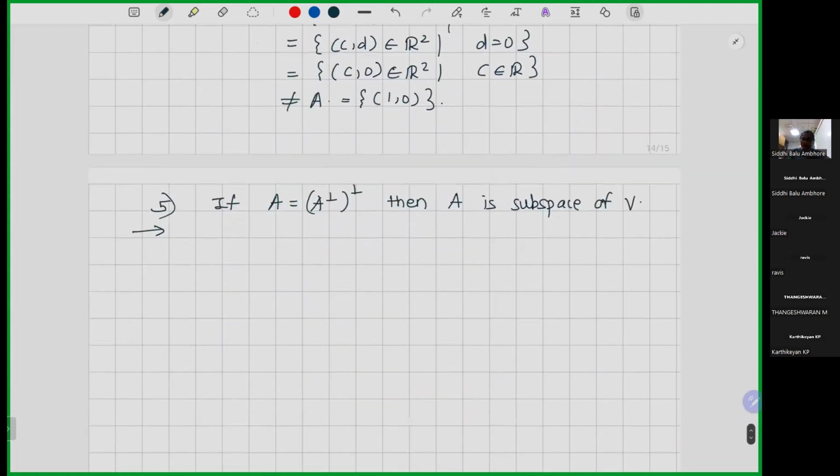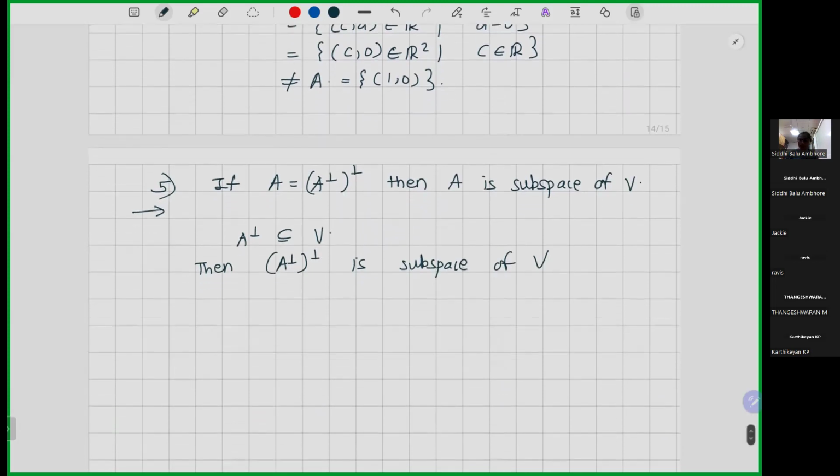Note that A perp is a subset of V, then A perp is a subspace of V, right? Because we just proved that for any given set, A perp is always a subspace. Okay, so this is a subspace of V.